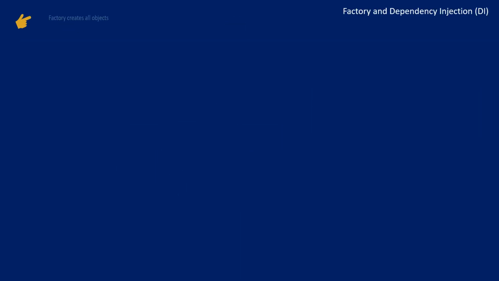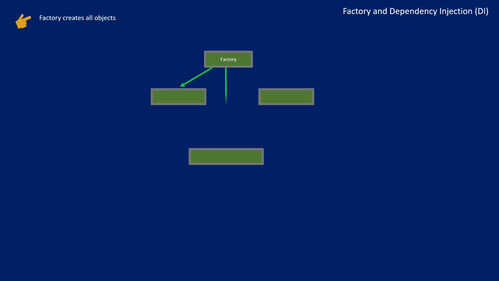Factory will be responsible for creating all the objects of an application. It will then use dependency injection, which will ensure that we pass objects only to those that need them. No global classes. For example, it creates object 1, and if object 2 needs object 1, it passes object 1 to object 2's constructor.